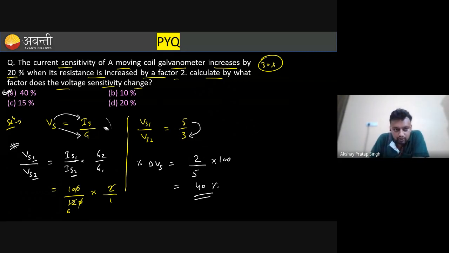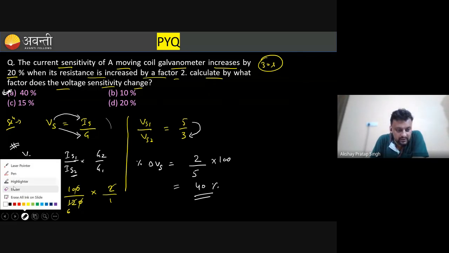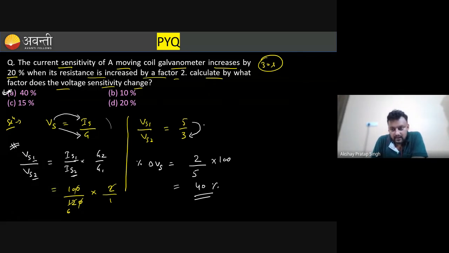Now the ratio of these two quantities is coming to be 5 by 3. Vs1 was the original case, Vs2 was the final case. So the original voltage sensitivity was 5 and the new voltage sensitivity was 3. That means it is decreased by 2.